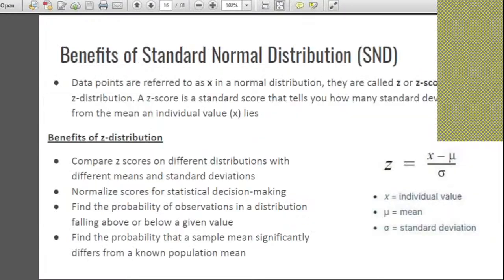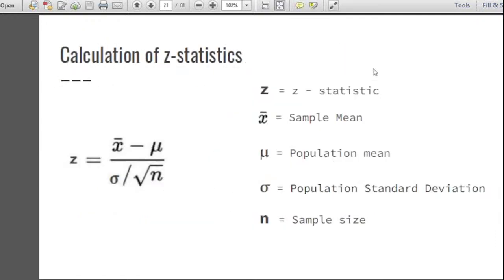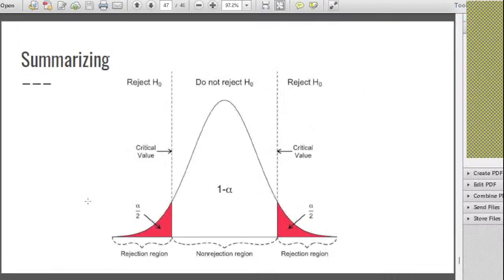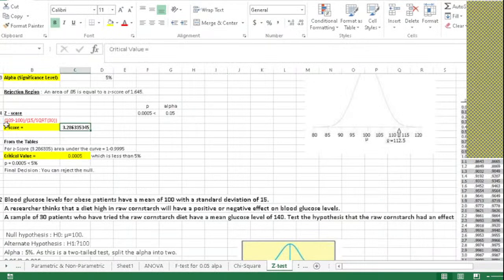This is the formula. But we don't have to remember this. This gives you the Z statistic: sample mean minus population mean upon standard deviation, and standard deviation divided by under root of n, right? So we have the standard deviation also 15, and this is what is calculated here, which gives me the Z score.